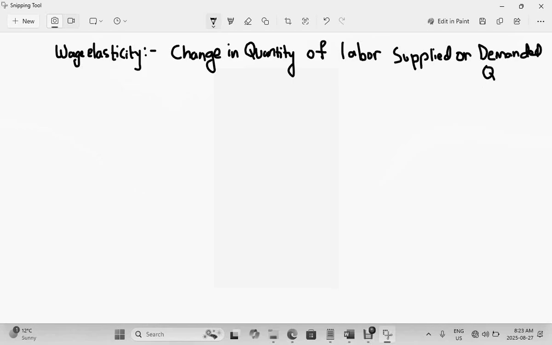This will be your QD. This will be your QS. And the change in quantity will be delta Q, so either delta QS or delta QD.